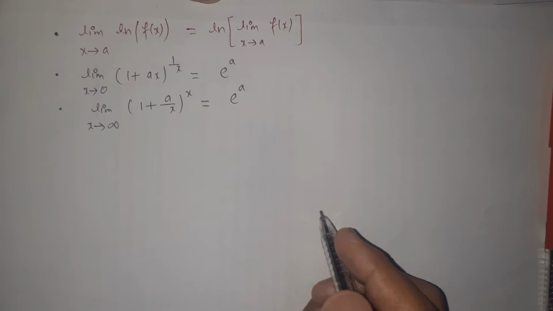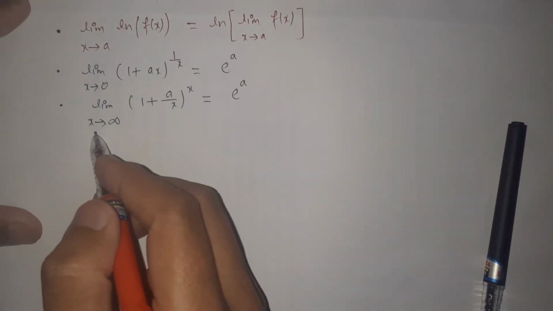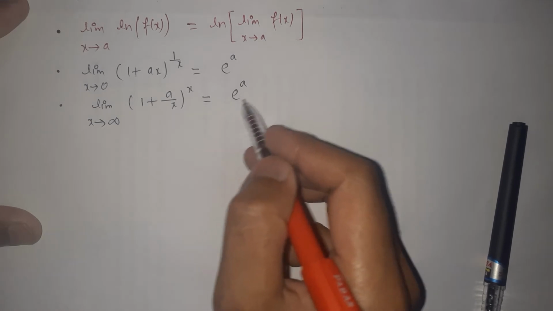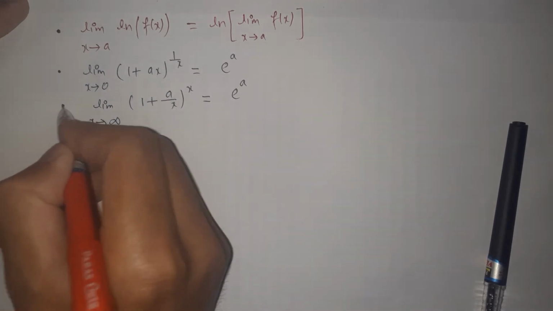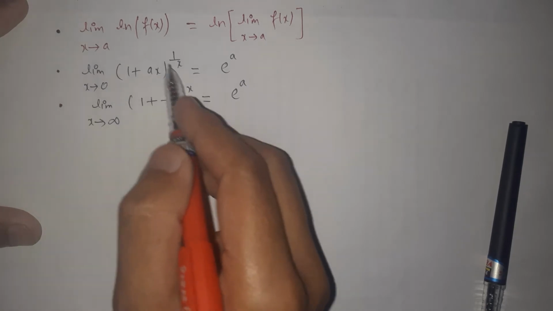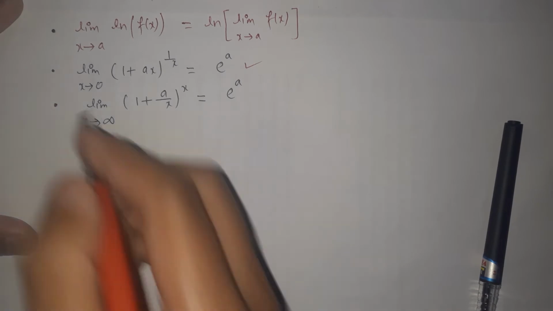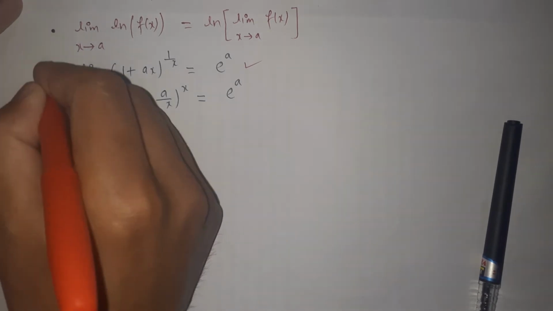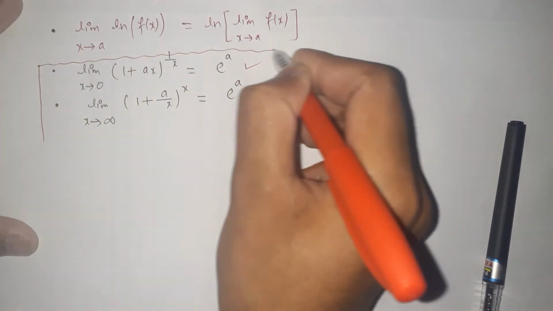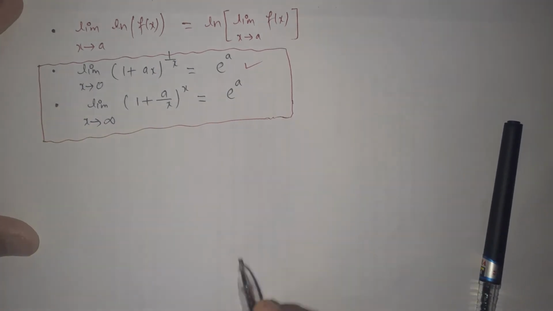These two formulas are very important. If the variable approaches infinity, we use this formula, and if the variable approaches 0, we use the first formula. They are related to the Euler number and the limit of that function.